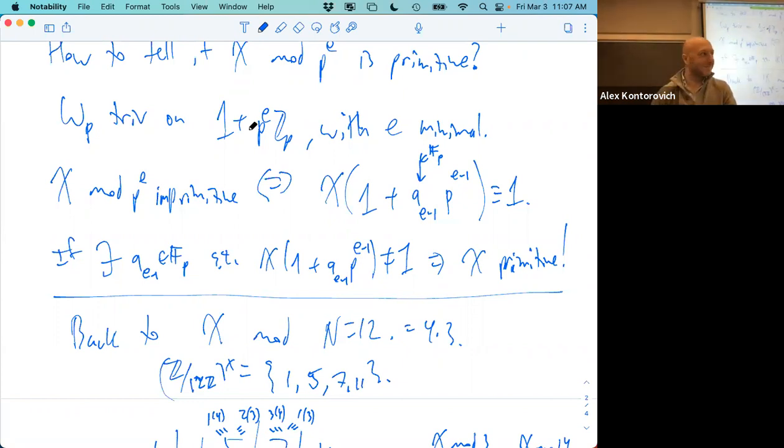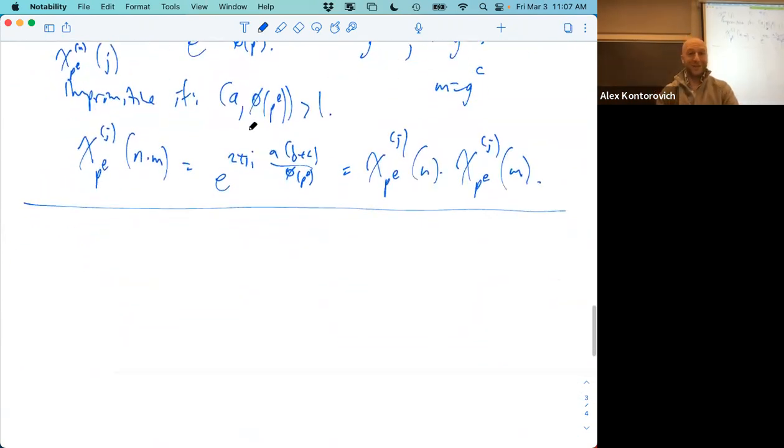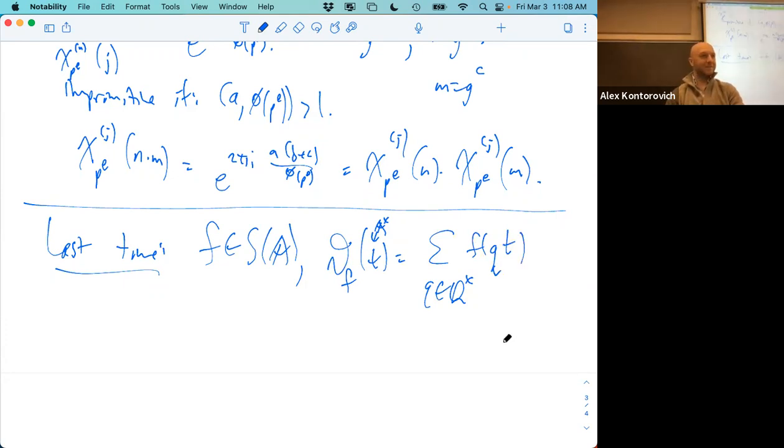Okay. Moving on. What did we do? So this is still review. Also last time, we took a function that was an Adelic Schwartz function. We made a theta function out of it, where t is in the adeles, by summing over the rationals except the value at 0, f of qt.